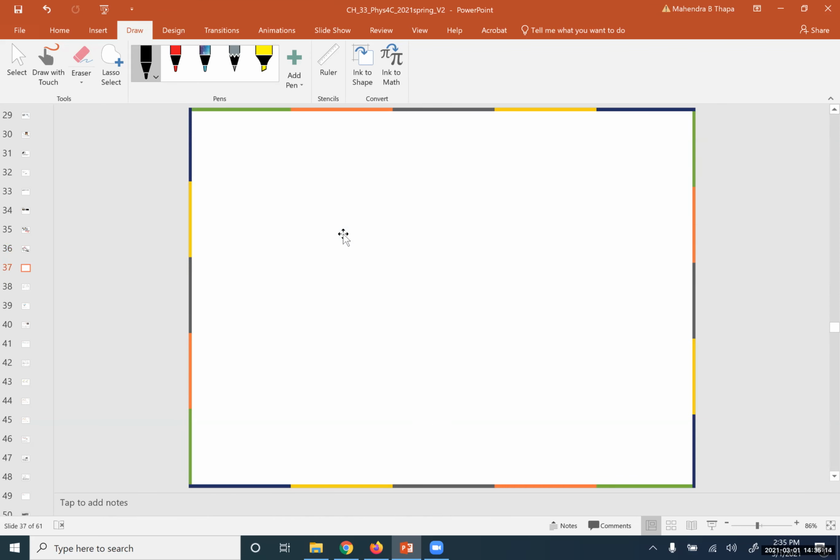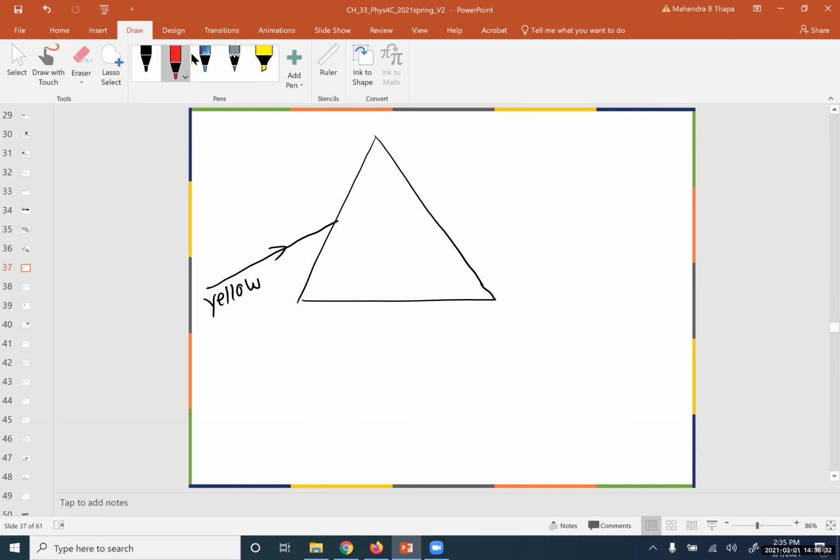If we take this example, say this is the prism, and you pass a single color, say the yellow color, we can call it the incident ray for face XY.